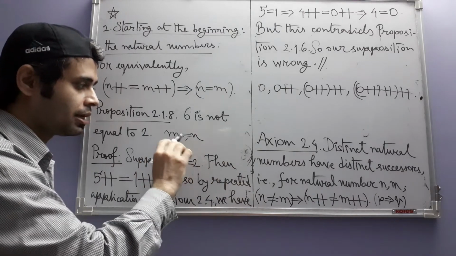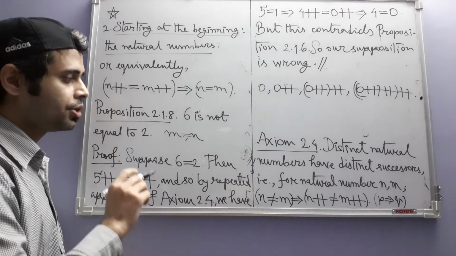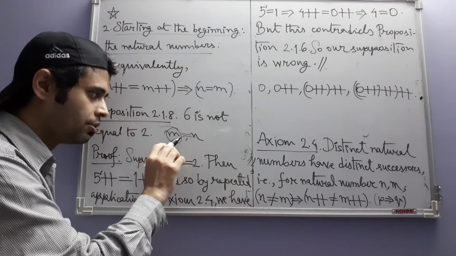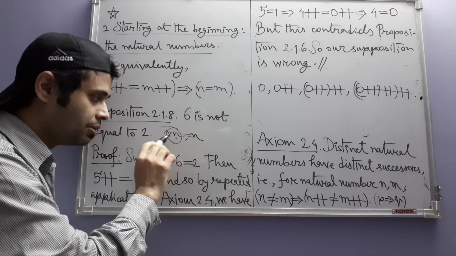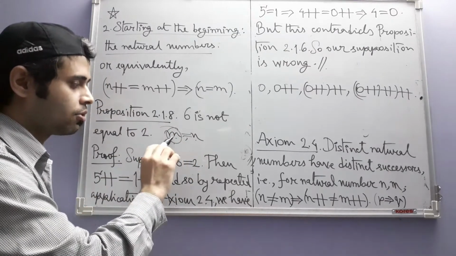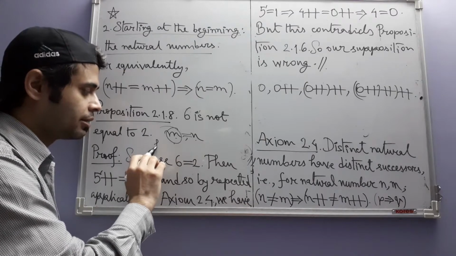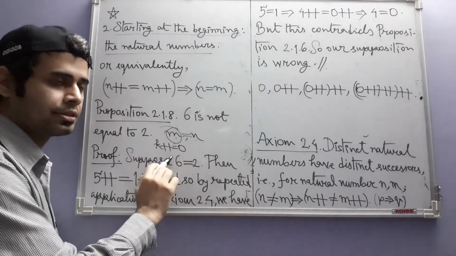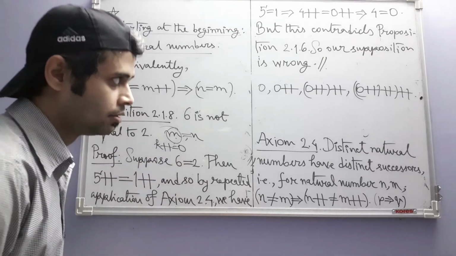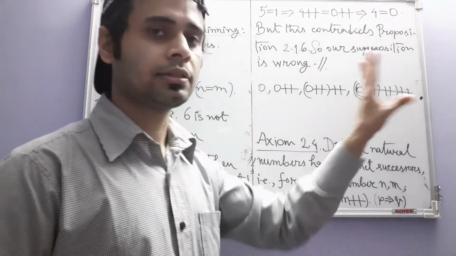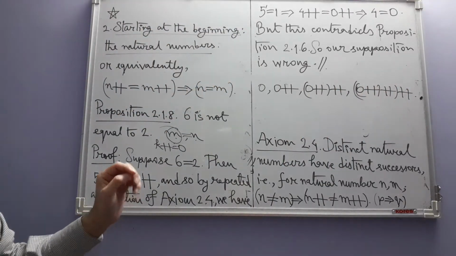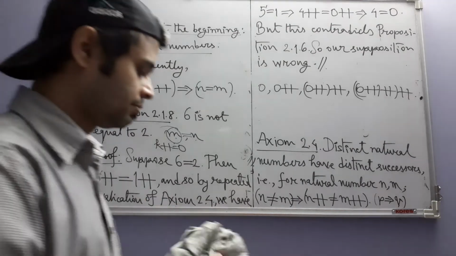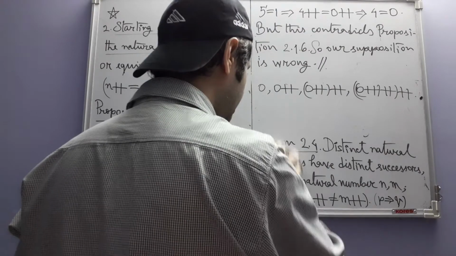If you assume they are equal, at some stage you will see that some natural number which is not equal to 0 becomes equal to 0. Or at some stage you will have something like this, k++ is equal to 0. So that will contradict the third axiom and the proof will be over. So we have now made the natural numbers distinct. So far everything seems good, but there is still one more problem. And this is a peculiar problem.